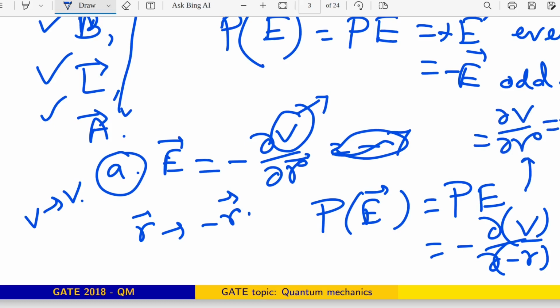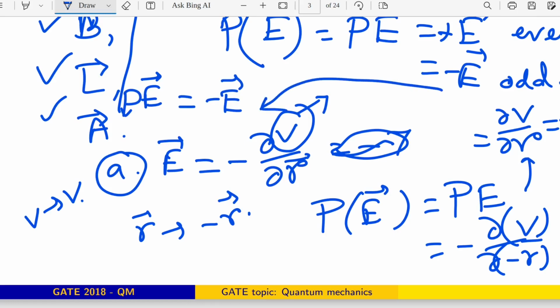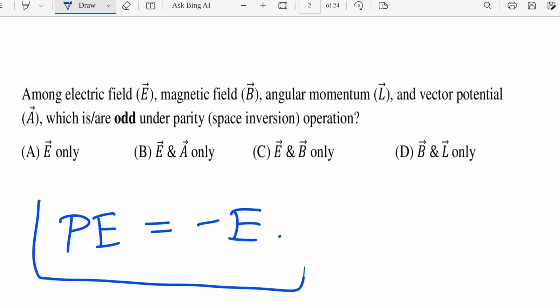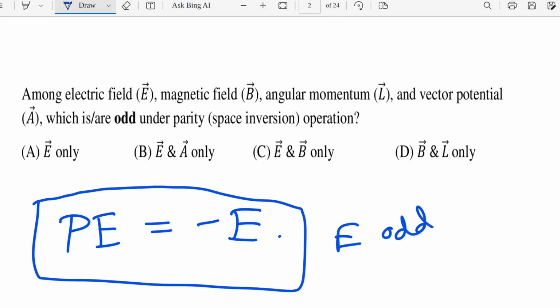Because our E was previously minus del V by del r, and now after operating parity on E, we have the expression del V by del r, which is minus of E. So I can say that E under parity is giving minus E. That means it is odd under parity. We just operate P on E, and we are getting P of E equals minus E. That's why E is odd under parity.